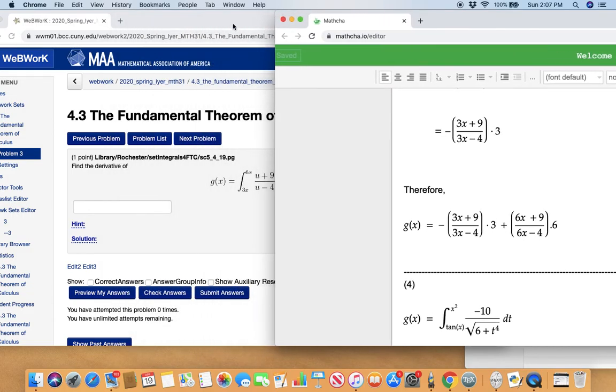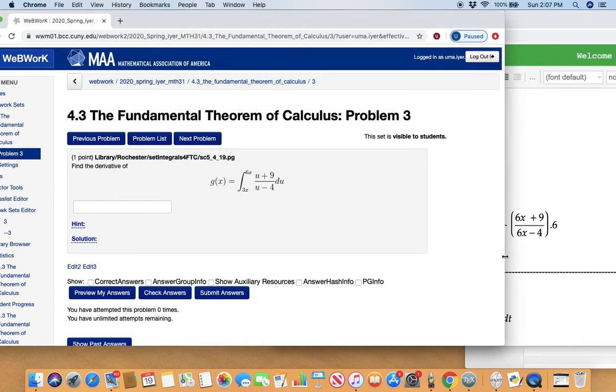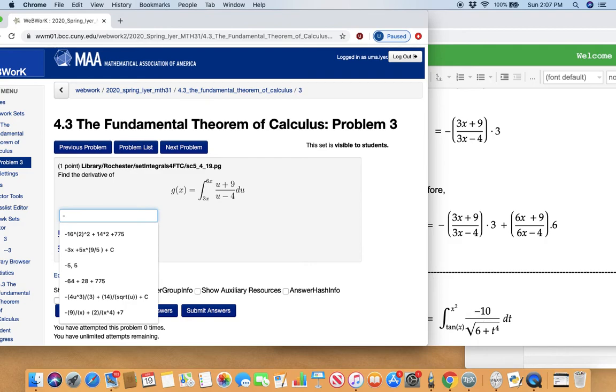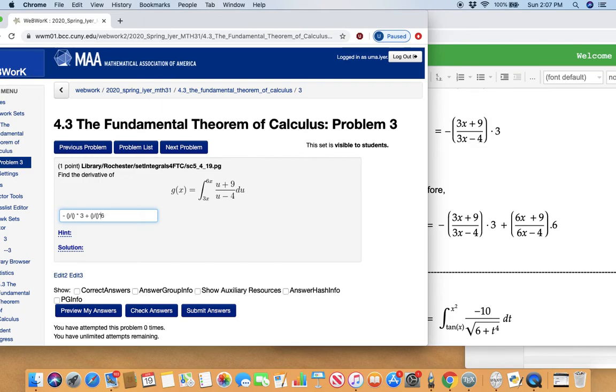Let me write this. You have to be careful when you write it. So I'll write it like this: minus 3. That's a minus, that's the first one. I have a fraction and then I'm multiplying by 3, plus I have a fraction and then I'm multiplying by 6. Make sure fractions are separated out carefully.